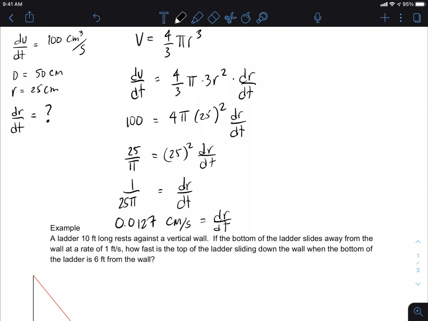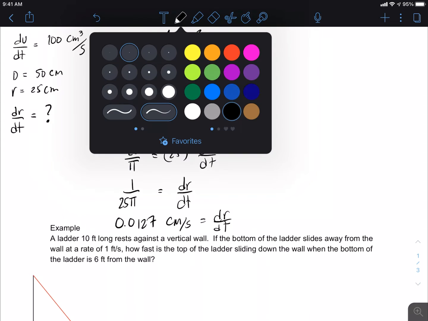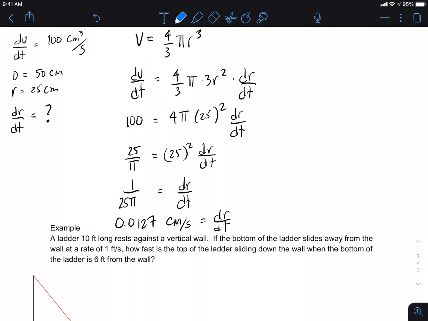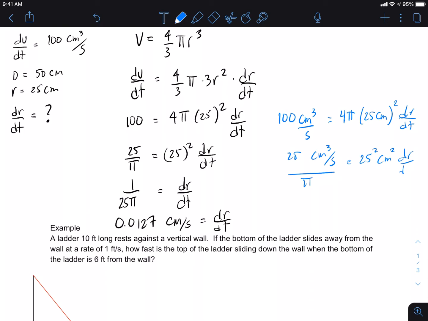Now, just so you guys can see it, I want to be able to show it over here, and I'll do it in a different color. So this was 100 centimeters cubed per second is equal to 4 pi 25 centimeters squared dr dt. This is just so you guys can see the units. That would have become 25 centimeters cubed per second over pi is equal to, I'll just leave the 25 squared and go centimeters squared dr dt.